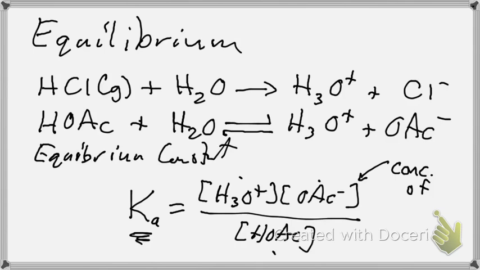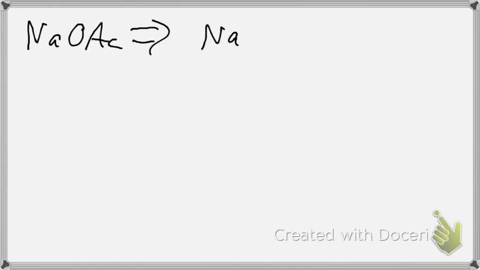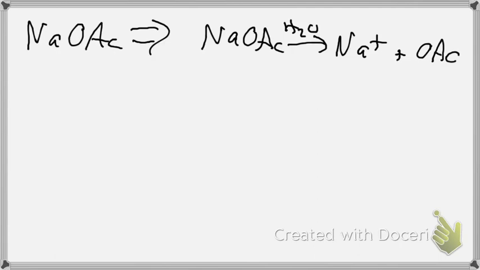Now, suppose I were to add some sodium acetate to the solution. What that means is I would take sodium acetate and dissolve it in water, and I would produce sodium ion and acetate ion. Now, since I have added acetate ion to the solution, let's write our Ka expression again.